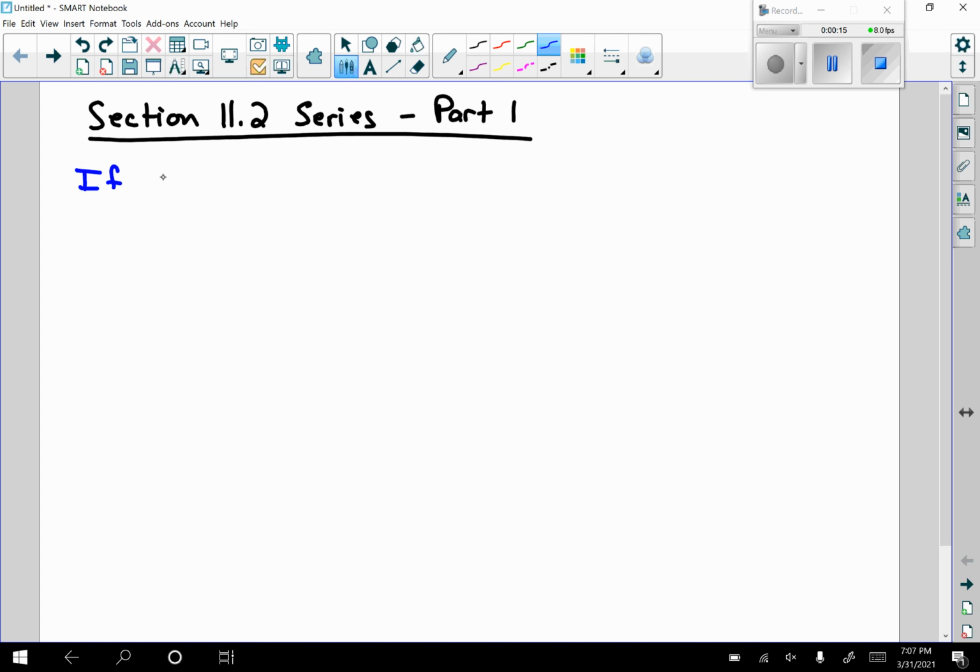So if we have a sequence, again, the notation for that will just be in parentheses or the set brackets a sub n. We can investigate the sum of the terms in the sequence.